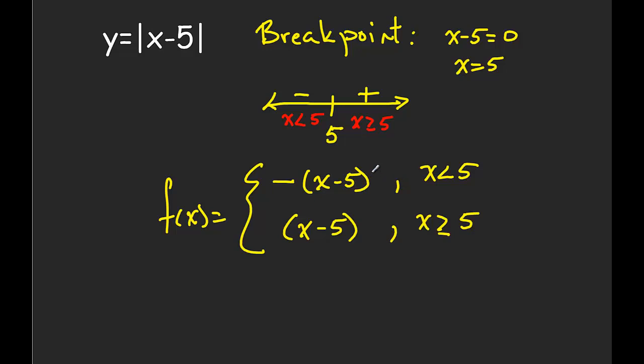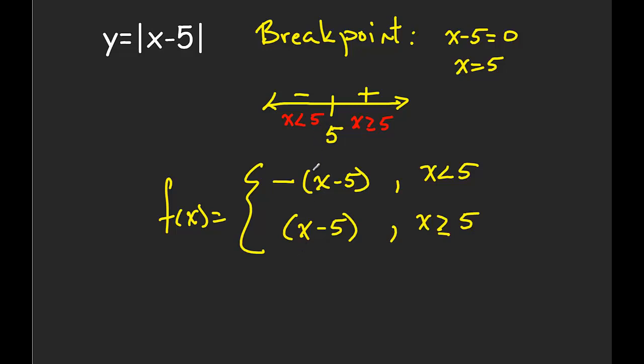Okay, so to sum up again, what we do is we find the breakpoint like we did. We found that by setting the argument of the absolute value equal to 0, and we say the answer, then the breakpoint in this case was 5. We put it on a number line and tested values by picking numbers and plugging it into the argument. If the argument's positive, we put a positive sign in that zone. If the argument's negative, we put a negative sign in that zone.